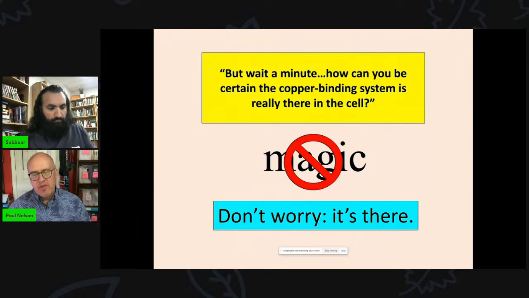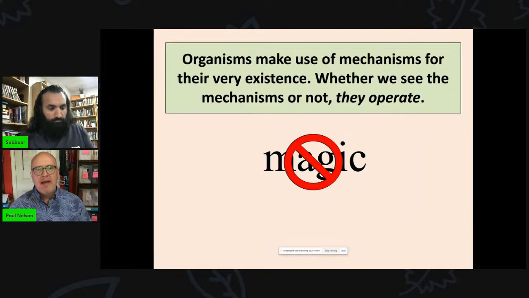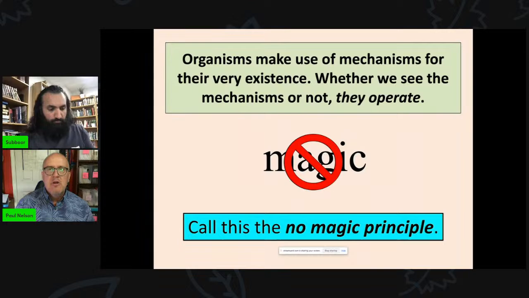Don't worry, it's there. So we can call this the no magic principle. Organisms make use of mechanisms for their very existence, whether we see those mechanisms or not, they're operating. The no magic principle is just another way of phrasing this notion of functional triangulation.